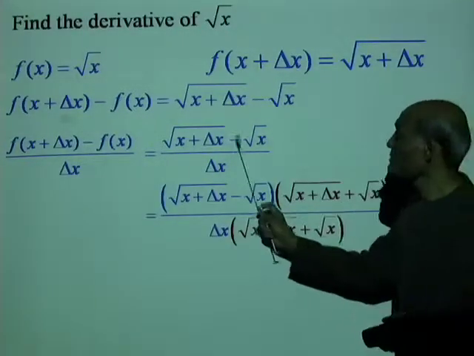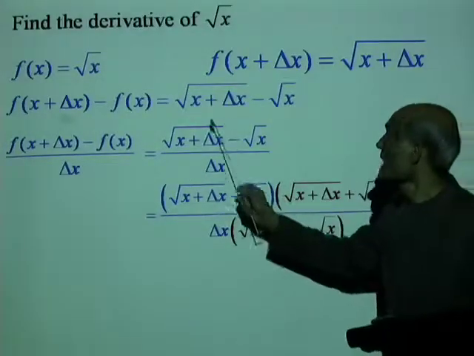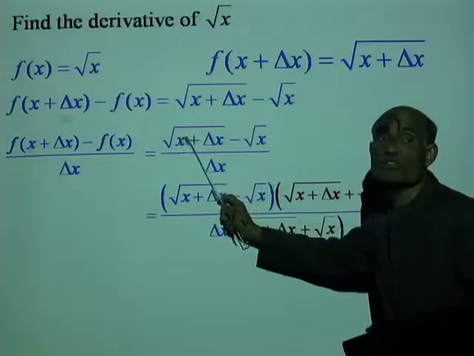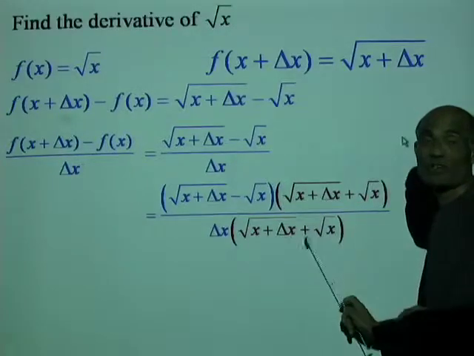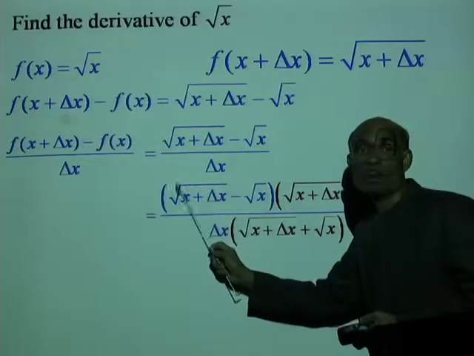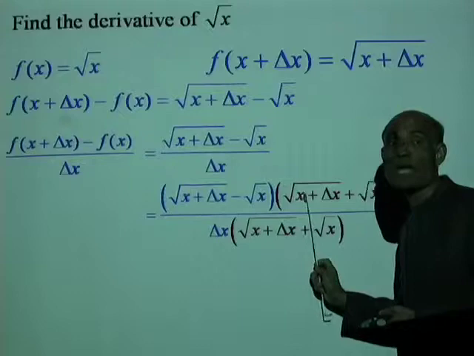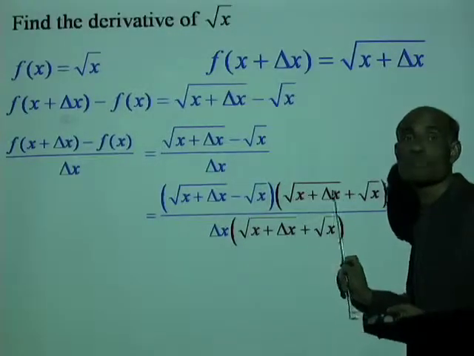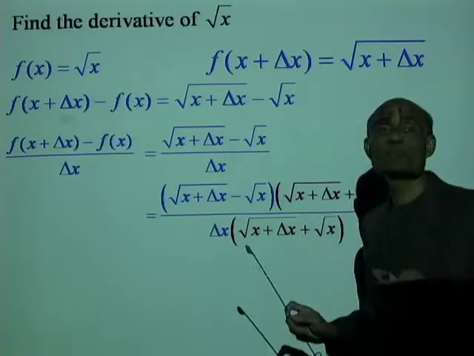In order to simplify, see what I have done, just like what we did in the previous class. I multiply the numerator and denominator by the quantity square root x plus delta x plus square root of x. Both numerator and denominator. Why did we do that? Again, this is of the form a minus b times a plus b. What is a minus b times a plus b? It is a squared minus b squared.